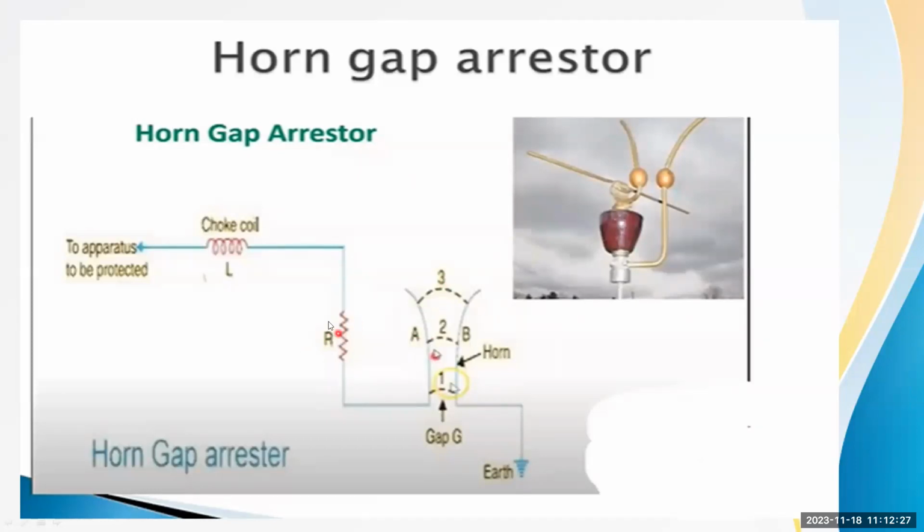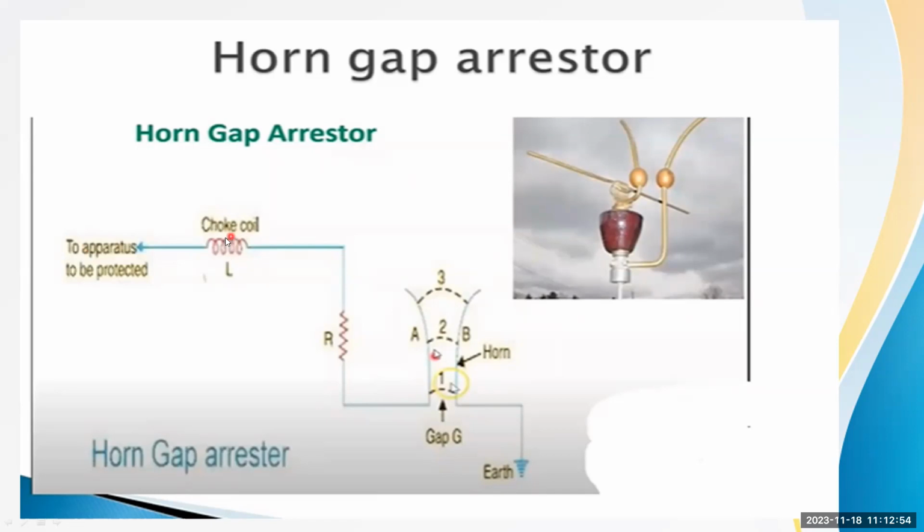This is a resistor, and this choke coil protects the equipment. One side of the horn gap is connected to the ground, and the other side is connected to the transmission line, at the equipment to be protected. Practically, it looks like this: the horn gap arrester, used to arrest the lightning.